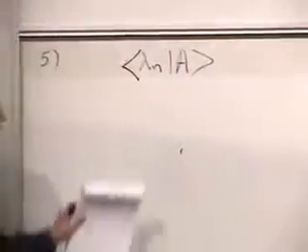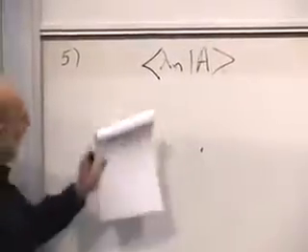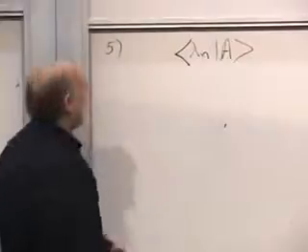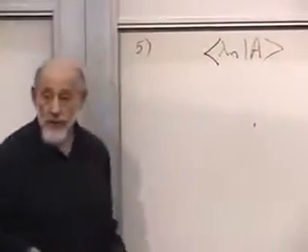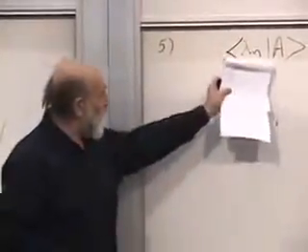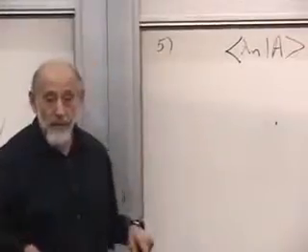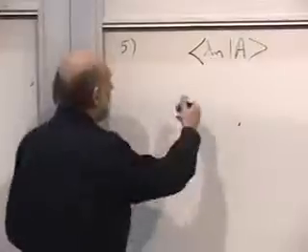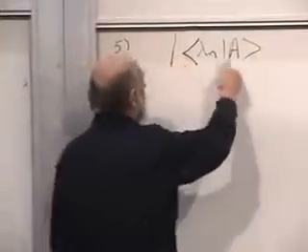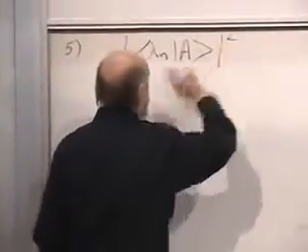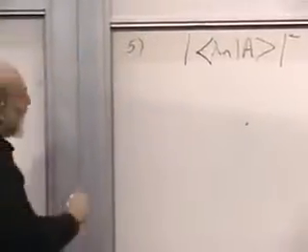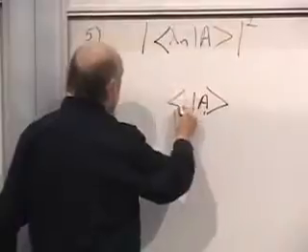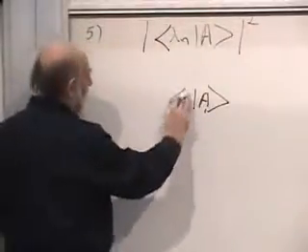Take the component of the vector A along the direction lambda n. That's a complex number in general, could not possibly be a probability, but multiply it by its complex conjugate. One way of writing it is take the absolute value of it and square it. Another way of writing it is to just multiply it by its complex conjugate, lambda n.